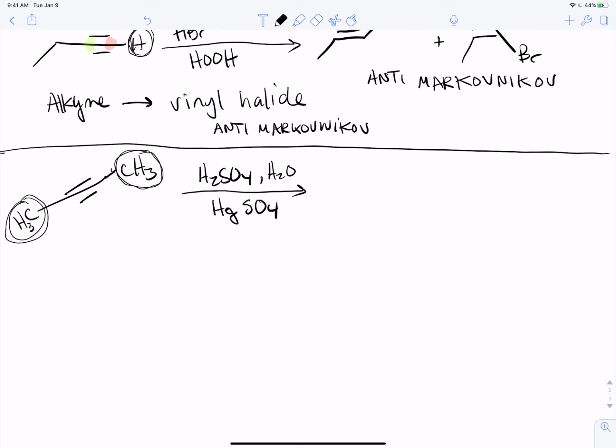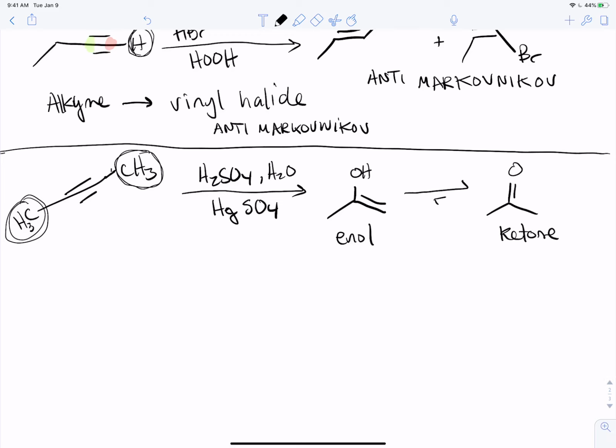What we get out of this is the addition of an alcohol, and it goes Markovnikov. The tricky thing here, or the twist, I guess I'd say, is that it doesn't stay an alcohol. It becomes a ketone.